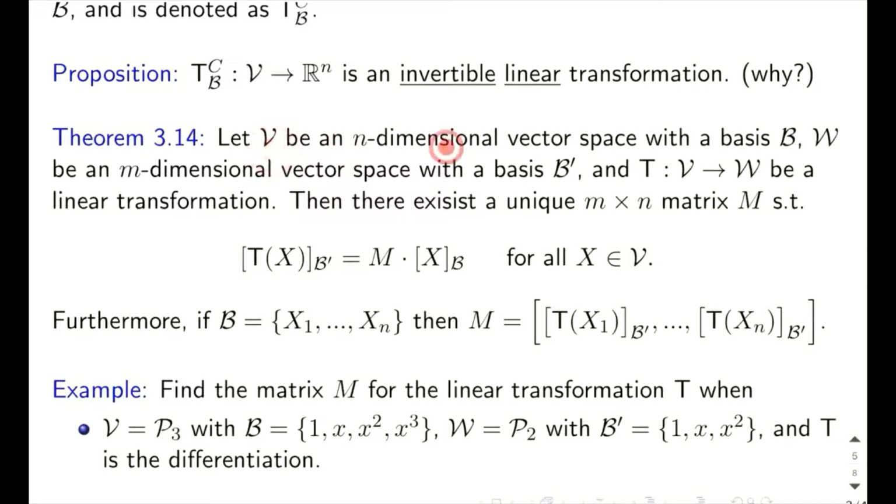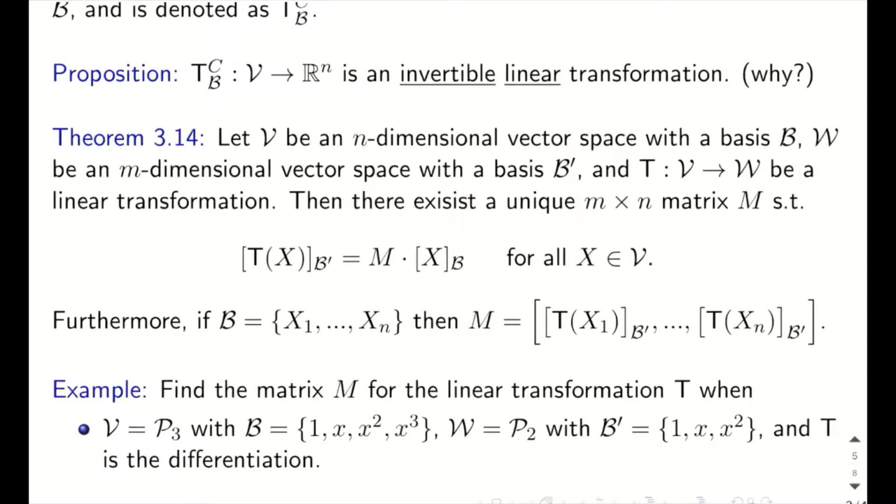Let V be an n-dimensional vector space with a basis B. Let W be an m-dimensional vector space with the basis B prime. The transformation T from V to W is a linear transformation.